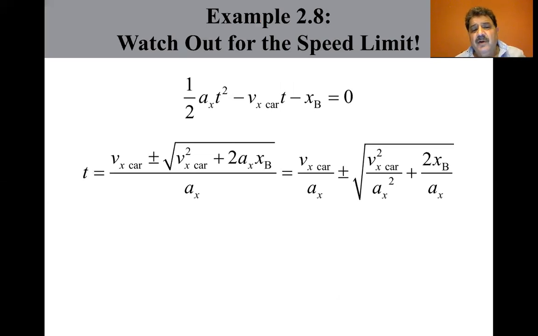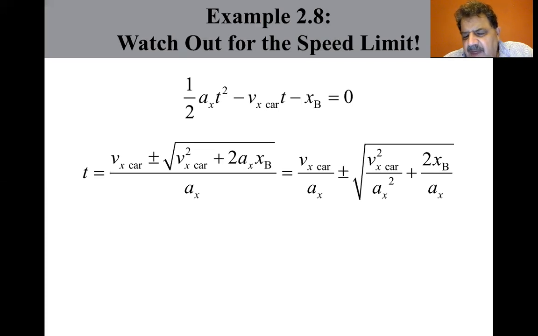We solve the quadratic equation using the quadratic formula, which is minus b plus or minus the square root of b squared minus 4ac, divided by 2a. I don't even remember the quadratic equation exactly, but you do the substitution, you come up with this: vx car divided by ax plus or minus this radical.